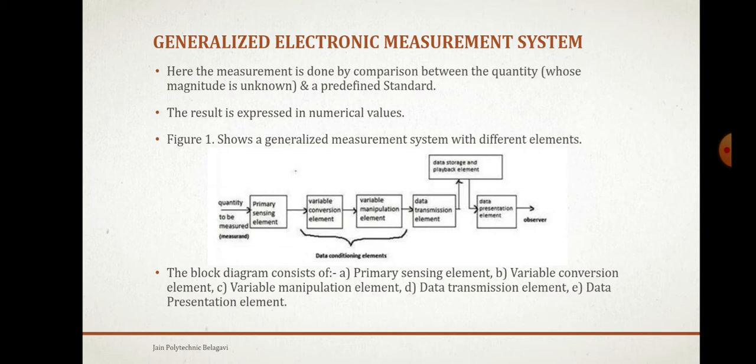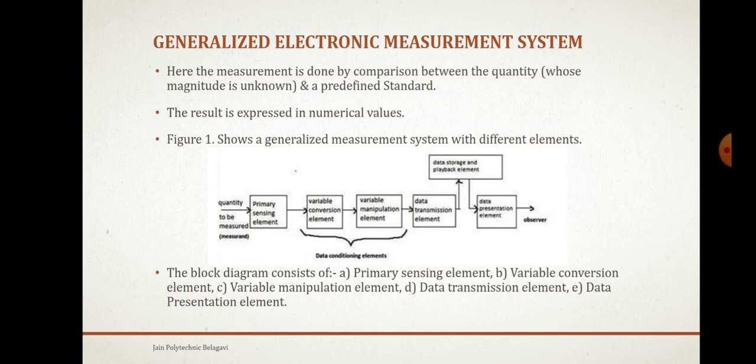The next one, signal conditioner. The signal conditioner converts the transducer's output into an electrical quantity suitable for control, recording, and display. Then at last, data presentation, which means your display device. The readout or display device may be a simple indicating meter, an oscilloscope, or a chart recorder. The information about the measurement is displayed in an analog or digital format.